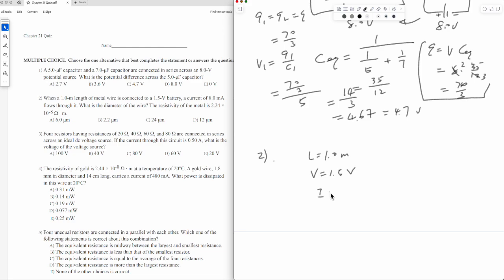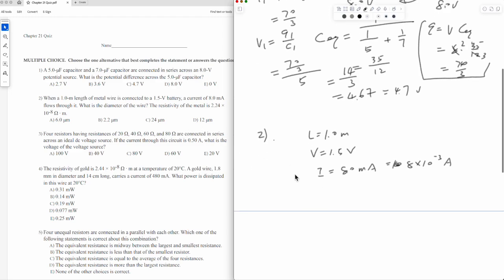Current, okay, so I equal to 8.0 milliamp. All right, milliamp is 10 to the negative 3 amp, flow through it. What is the diameter of the wire? And also you know resistivity. Resistivity is 2.24 times 10 to the power of negative 8 ohm meter.